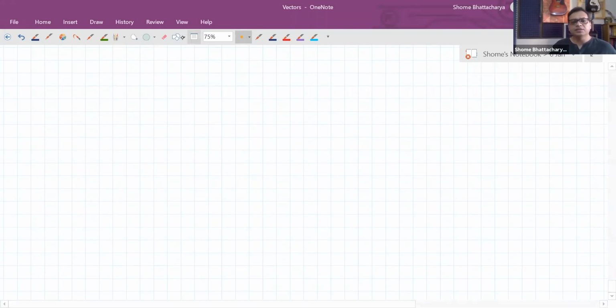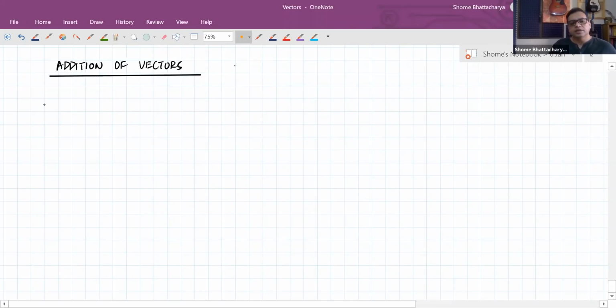Now let's move on to our next vector operation, which is addition of vectors. As you know, it has a lot of wide applications in physics, and we'll spend quite some time on addition and subtraction of vectors.